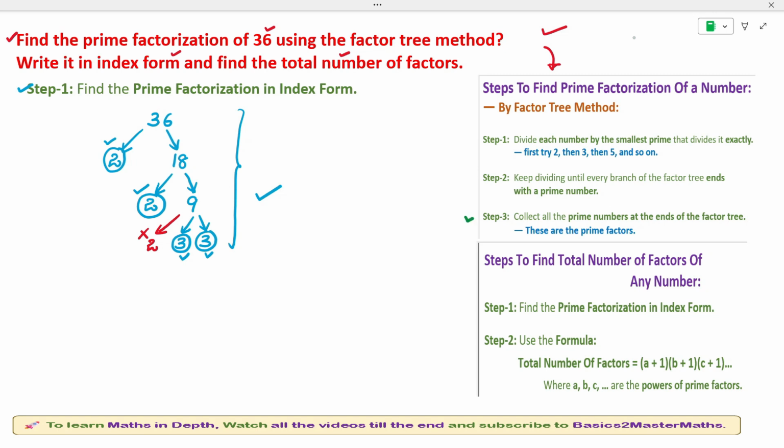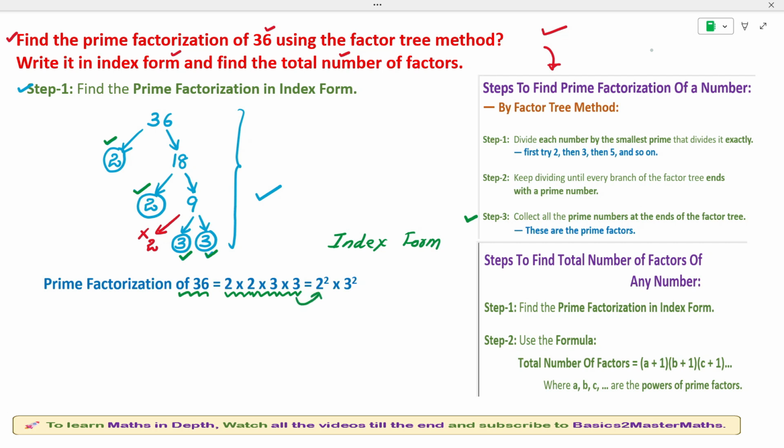Now, collect all the prime numbers at the ends of the factor tree. In this case, they are 2, 2, 3, and 3. So, prime factorization of 36 is 2 multiplied by 2 multiplied by 3 multiplied by 3.